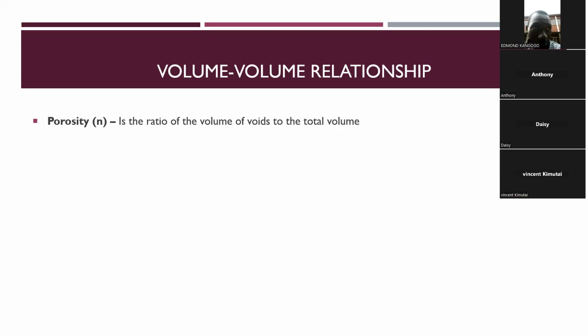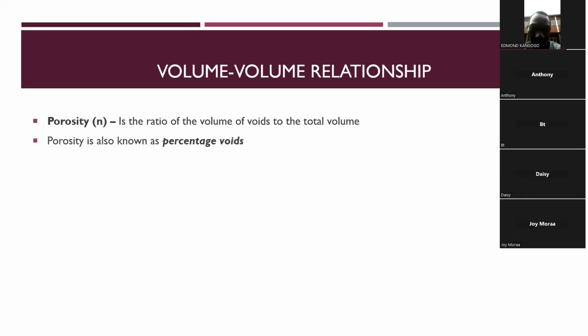Yeah, porosity is the ratio of the volume of voids to the total volume. As you can see, for void ratio and porosity we are dealing with ratios of volume. That's why we call it volume to volume relationship. Porosity is also known as percentage voids, and the formula is given below, where porosity is denoted by n. So n equals Vv over V.